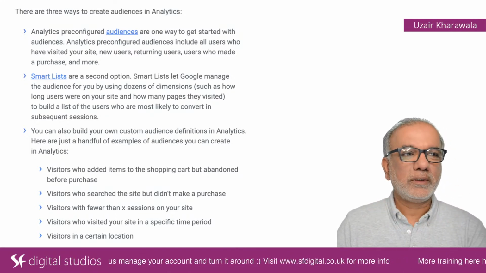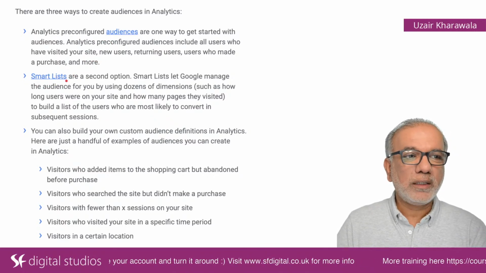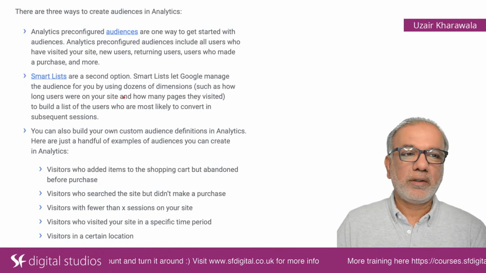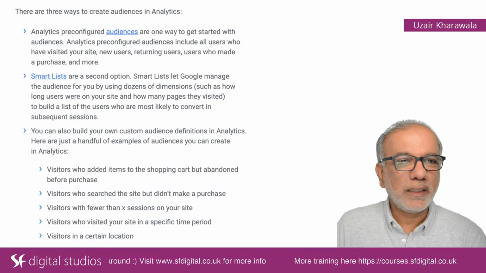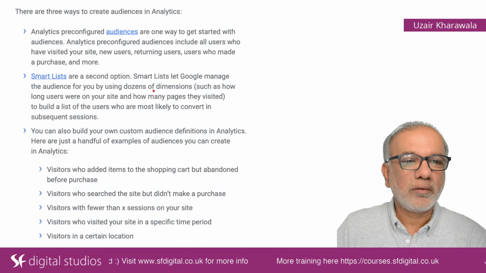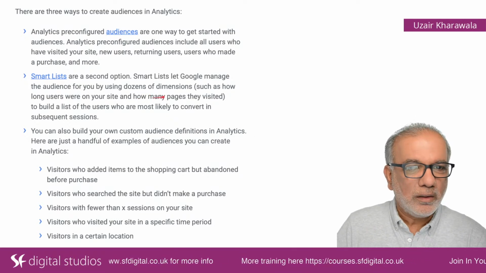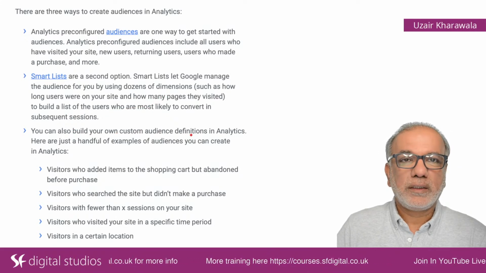All you need to do is to just switch them on. Then obviously you've got the smart list, which Google will manage for you, and it will decide what kind of audiences to put in that list which you are looking for on your website or landing page. And you can also build your own custom audience definitions.